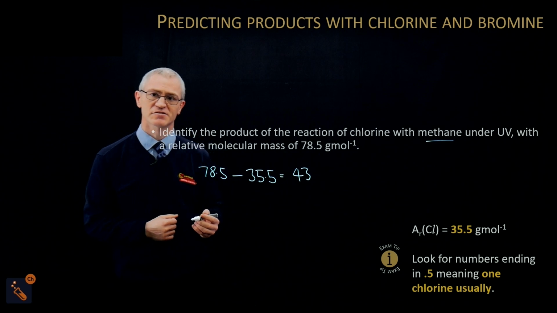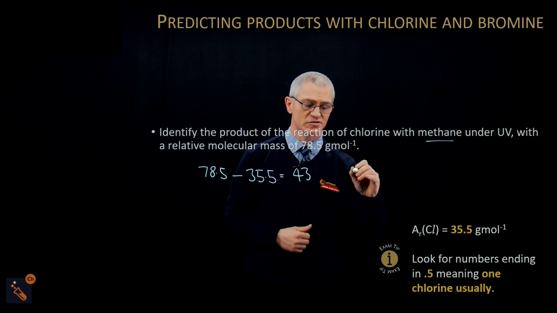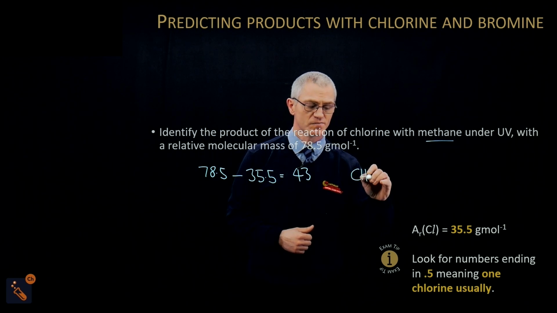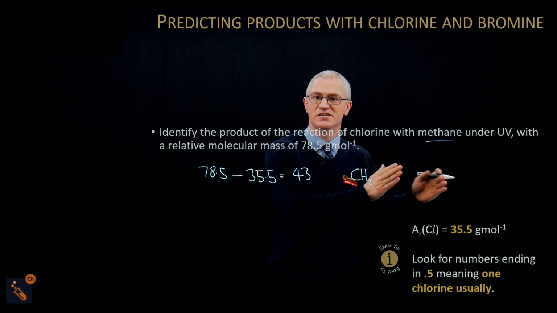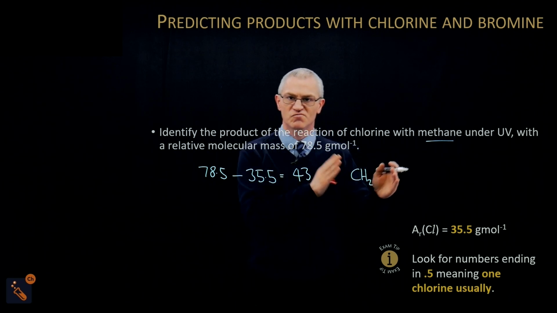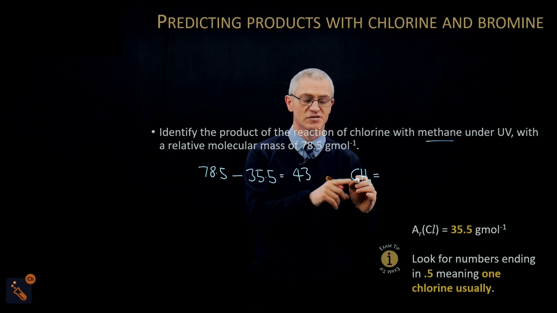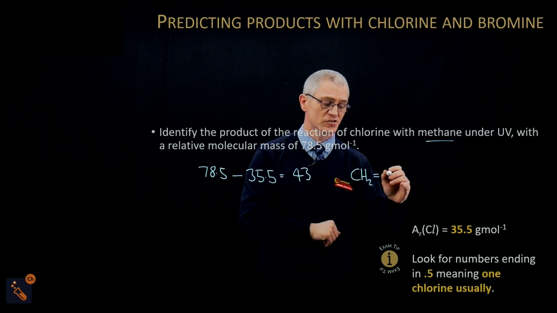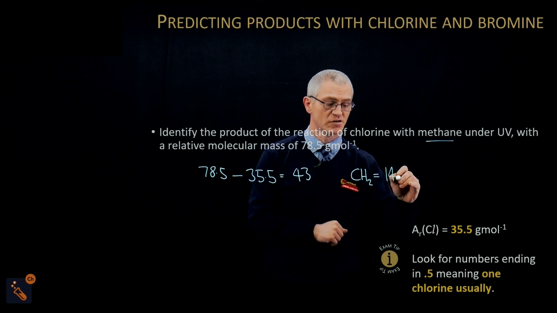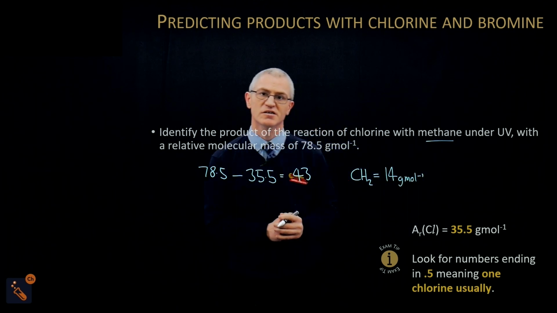Well, alkyl chains, as part of their homologous series, are made up of CH2s. So a chain is CH2, CH2, CH2, CH2, and then a CH3 at the end. Roughly speaking, the mass of CH2 is 12 plus the 2, which is 14. Let's put the units in there just to be clear.